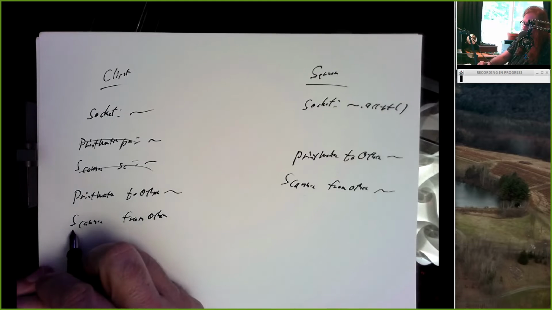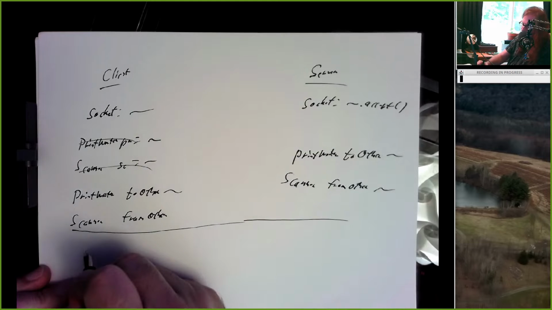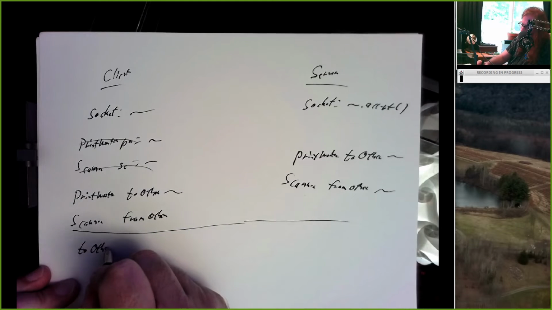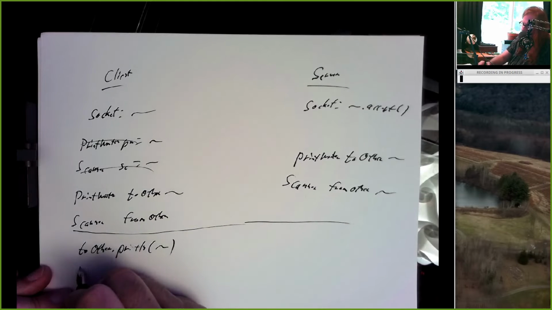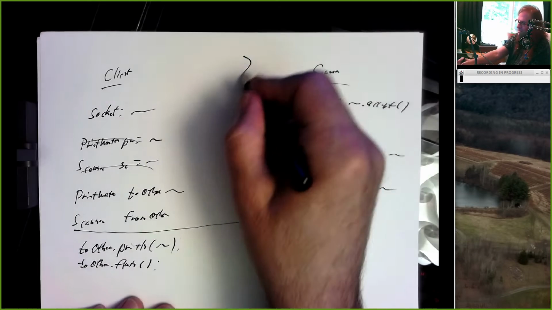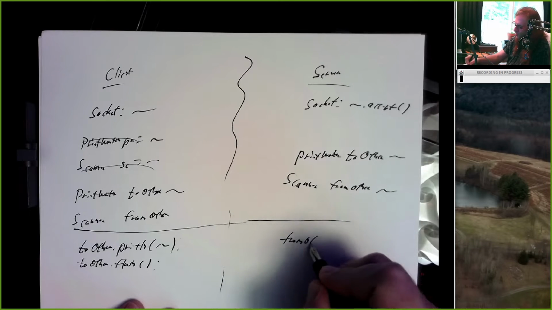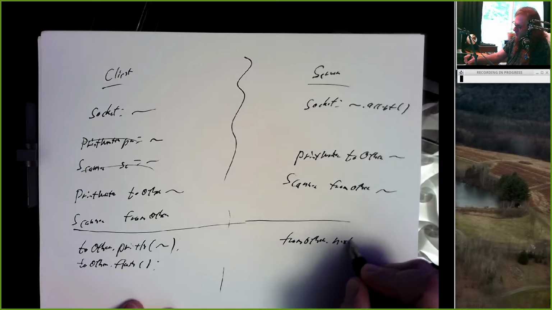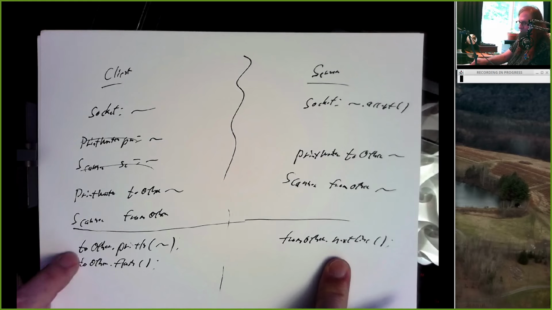And so at this point, the setup is the following. If one side says to other dot println, and also does the flush, and something on the other side is in the middle of a from other dot next line, this call will block until the other side prints something into its to other.